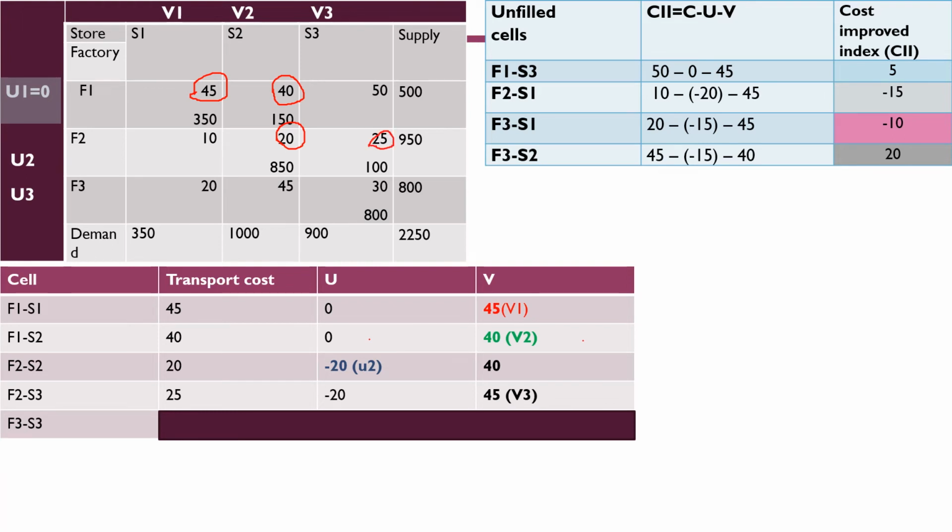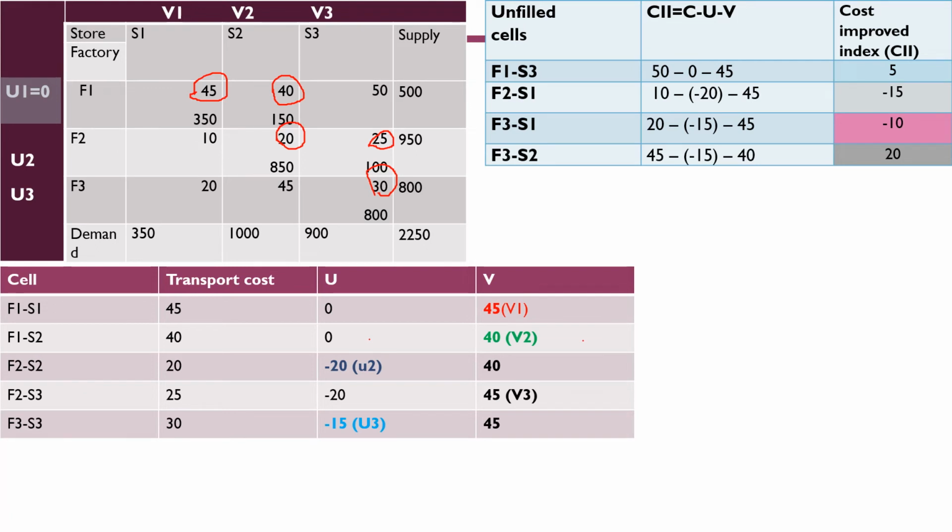How to get the 25? We have already calculated U2 as minus 20. Then to become plus 25, we should add 45 to this column value, that is V3 value. And in the final one, the transportation cost is 30. To arrive at 30, we have already calculated V3 value as 45. So we have to deduct 50.